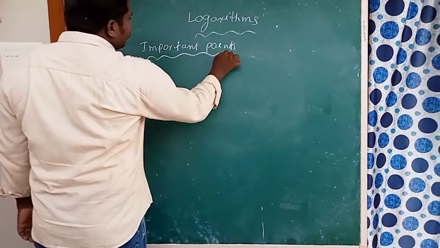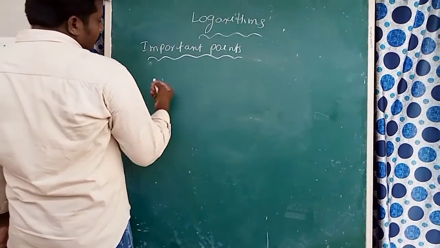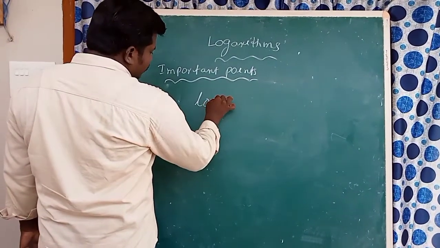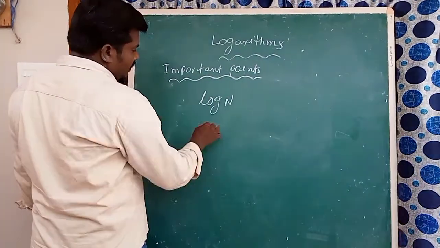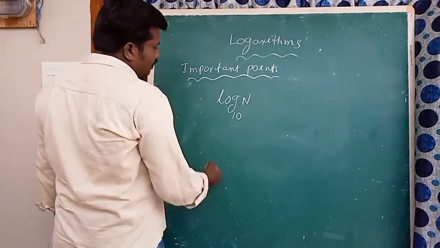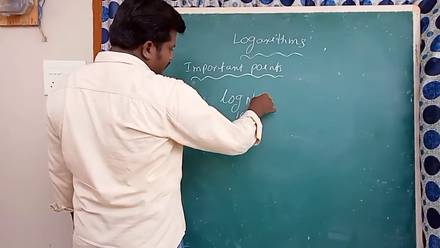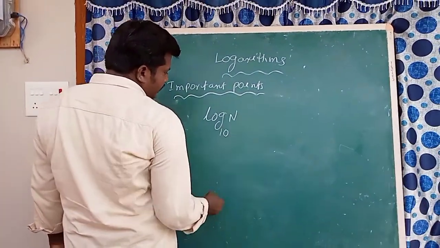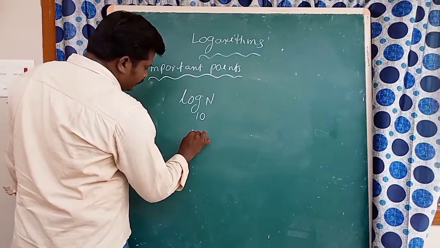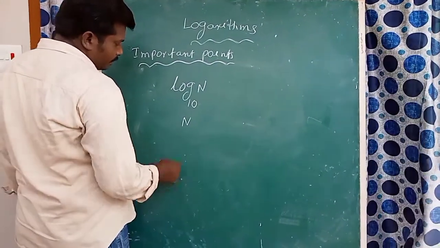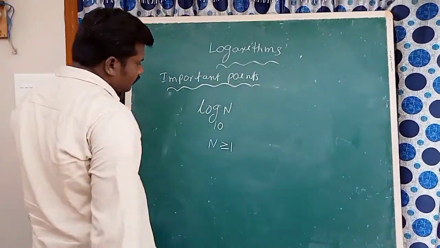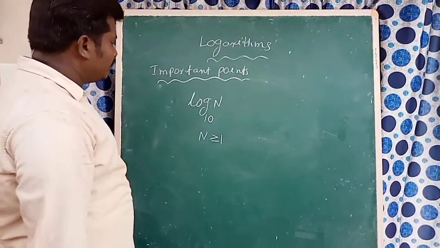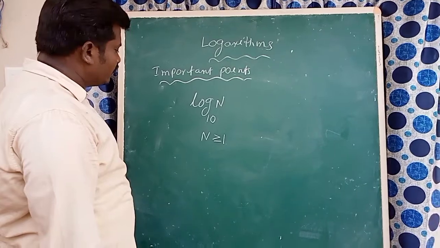See this, here common logarithm is written as log n base 10. Here n value is greater than or equal to 1.